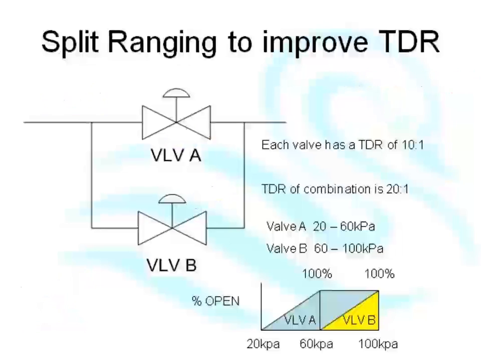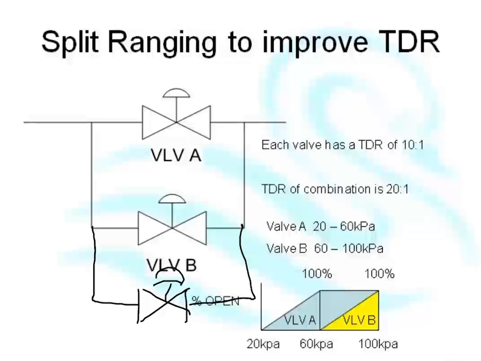Just out of curiosity, what do you think would happen if I stick a third valve on there? What would I improve the turn down ratio to if I stuck a third valve on there? Well, actually, let's have a look at the numbers. Say I want to put 100 litres through the whole thing.